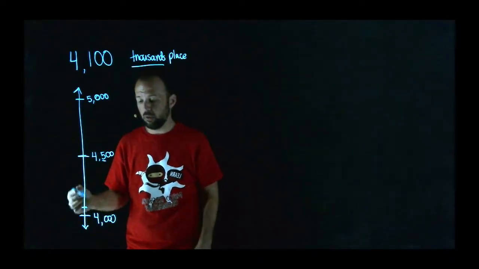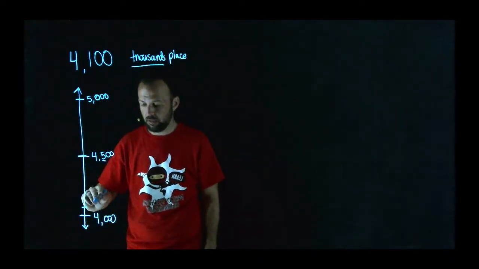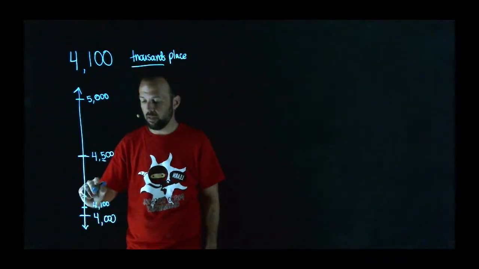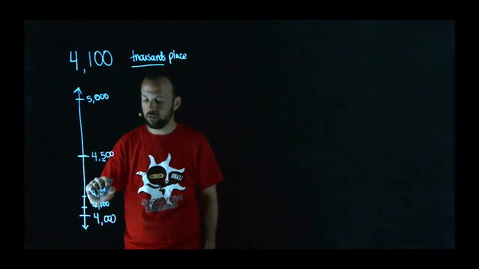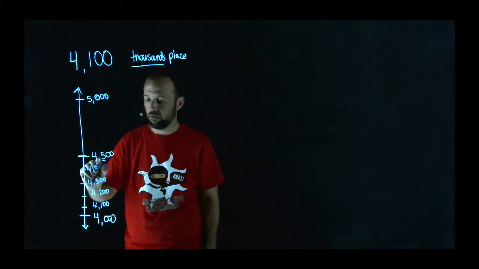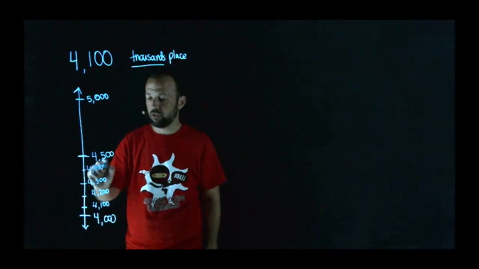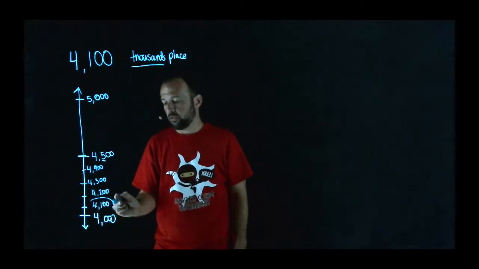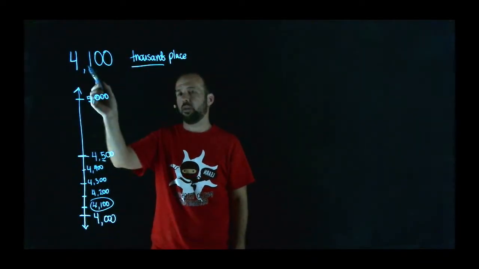Because if we were labeling this vertical number line, 4,100 would be our next spot if we were counting by hundreds, right? And then we would have 4,200, 4,300, 4,400, and then 4,500 would be our midpoint, okay? But we're worried about this one because that's where our number is, 4,100.